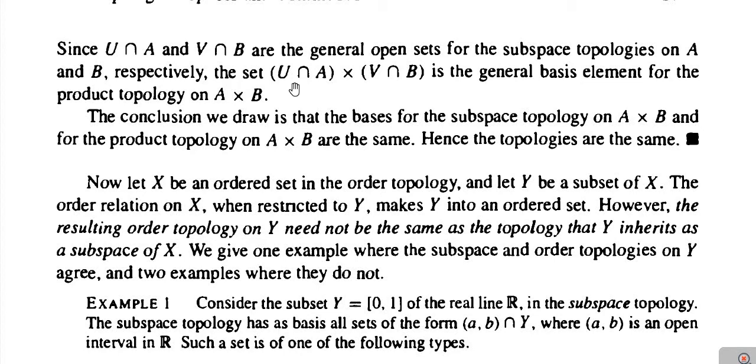And the set U intersection A cross V intersection B is the general basis element for the product topology on A cross B. And we have just shown that both these are the same.